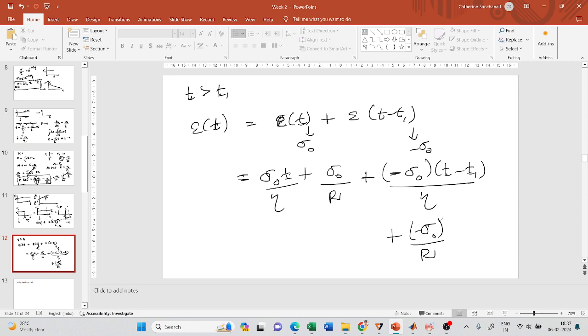So this and this will get cancelled. This and this will get cancelled. The remaining term will be sigma dot into t1 by eta. So this will be the response of the material at any time greater than t1.